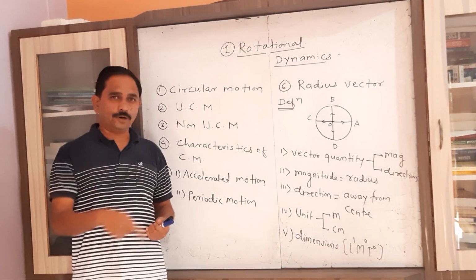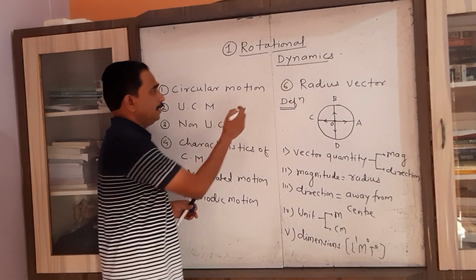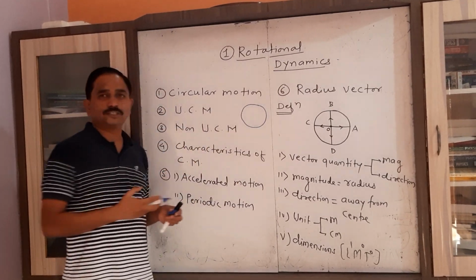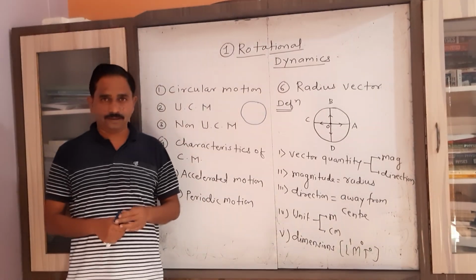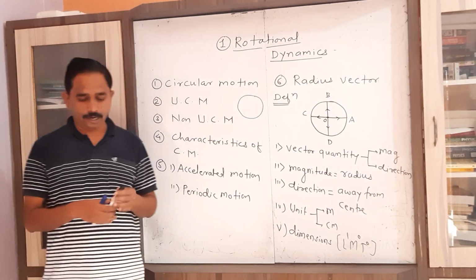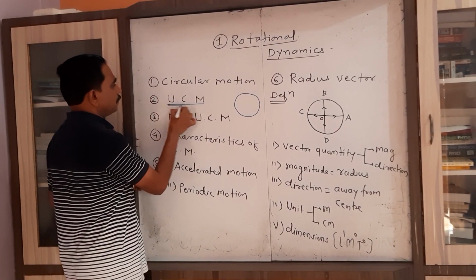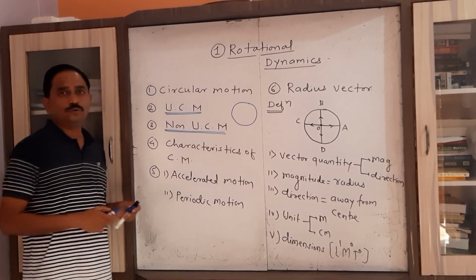Now depending upon the speed of that object, whether the object moves with constant speed or with a change in speed, we can classify circular motion into two categories: uniform circular motion and non-uniform circular motion.